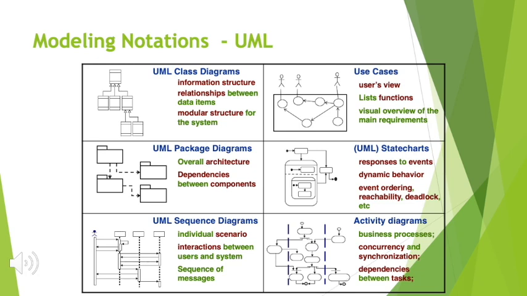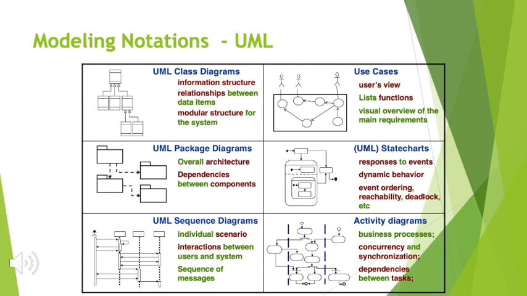And then use case. In use case, you will show the user's view, and a list of functions for users, and it also shows the visual overview of the main requirements of the system. And then the UML state chart, it contains response to events, and it also shows the dynamic behavior, the event ordering, reachability, and deadlocks of the overall system, how the system processes.